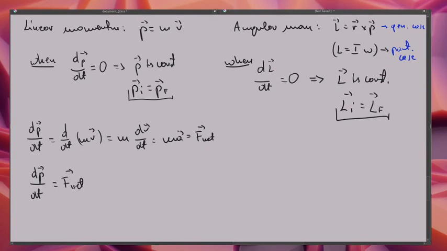In other words, when the net force on an object is 0, then the momentum is conserved. There's more that I will have to say about this, because we will eventually say that the net force on an object is the sum of all of the external and sum of all of the internal forces. But the sum of all of the internal forces will amount to a big 0.